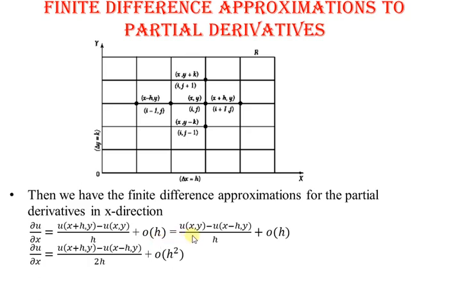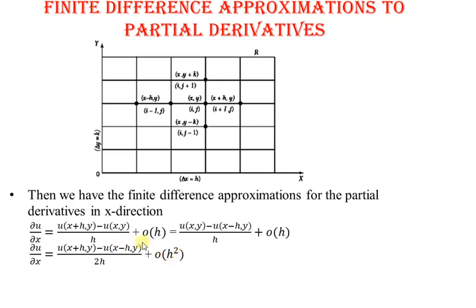Using the backward approximation, we get u(x, y) minus u(x minus h, y) divided by h, plus other higher terms. And using the central approximation, we get ∂u/∂x equal to u(x plus h, y) minus u(x minus h, y) divided by 2h, plus other higher terms of h².